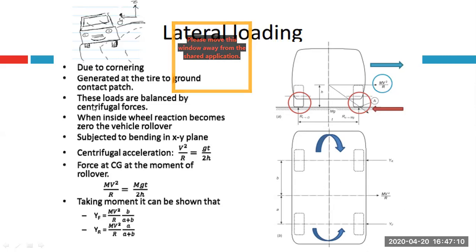So this lateral loading is also most of the time seen in case of centrifugal forces. mv square by r is the force that is going to make this lateral loading come into effect. Whenever the inside wheel reaction becomes 0, leading to vehicle rollover, you can find lateral loading is going to take place.